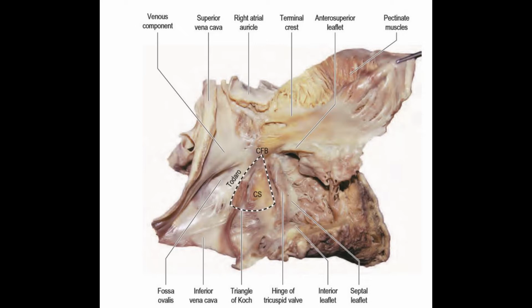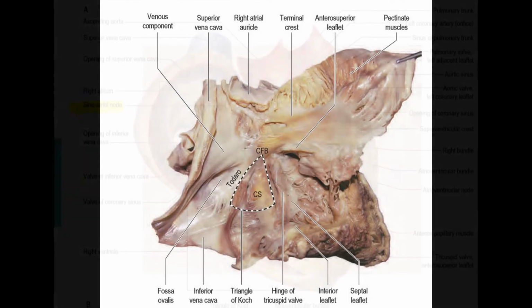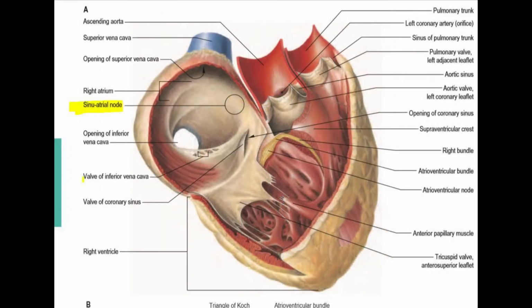Now, remember that I talked about the crista terminalis, or the sulcus terminalis, at the right border of the atrium. Here we have another landmark, the sinoatrial node. Internal to the sulcus terminalis we have the terminal crest, and where the terminal crest ends we have the sinoatrial node.